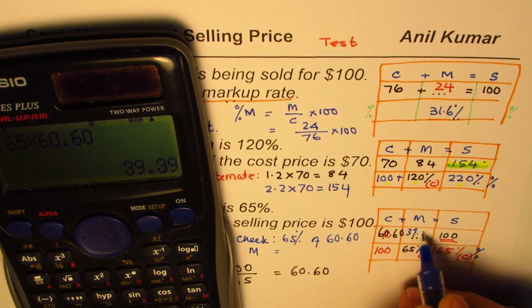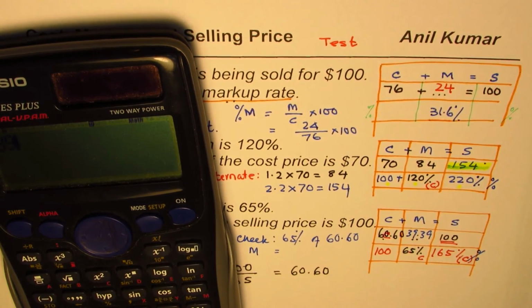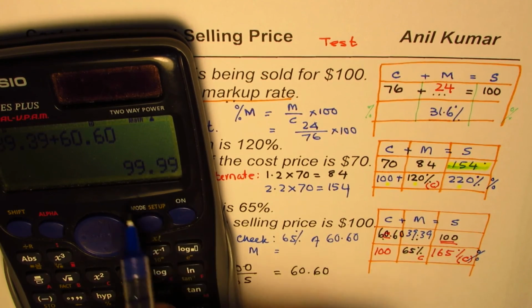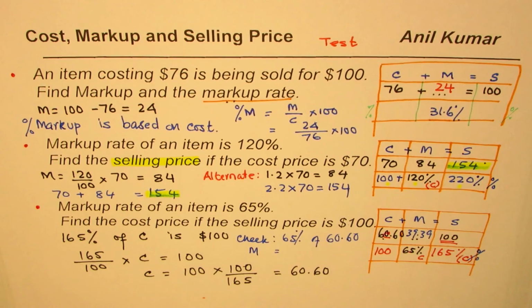This is 39.39, right? So if I add 39.39 plus 60.60, what do we get? Approximately 99.99, right? So 1 penny could be difference since we are rounding, right? So that confirms that the calculations are perfectly fine.